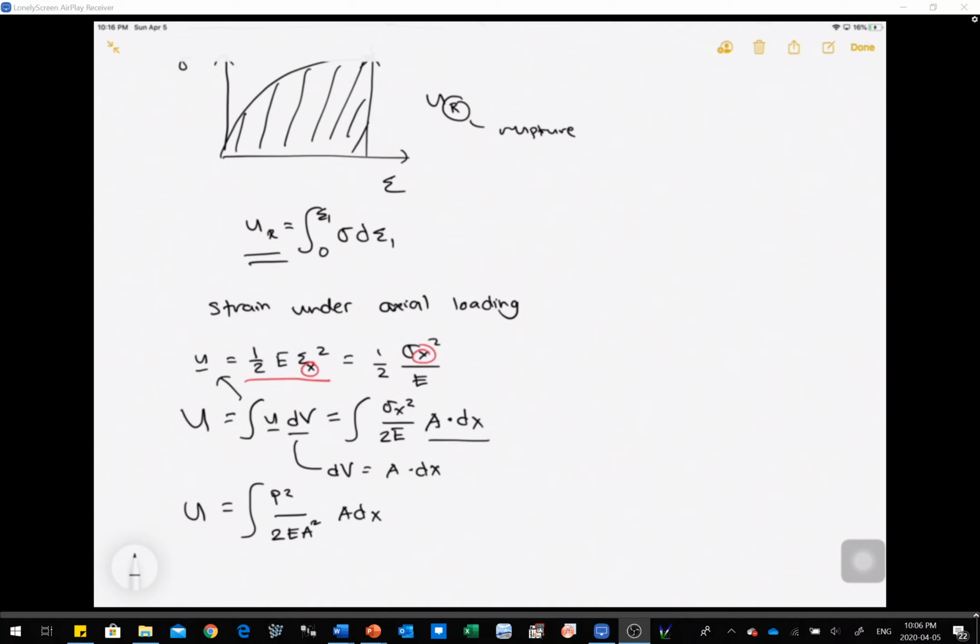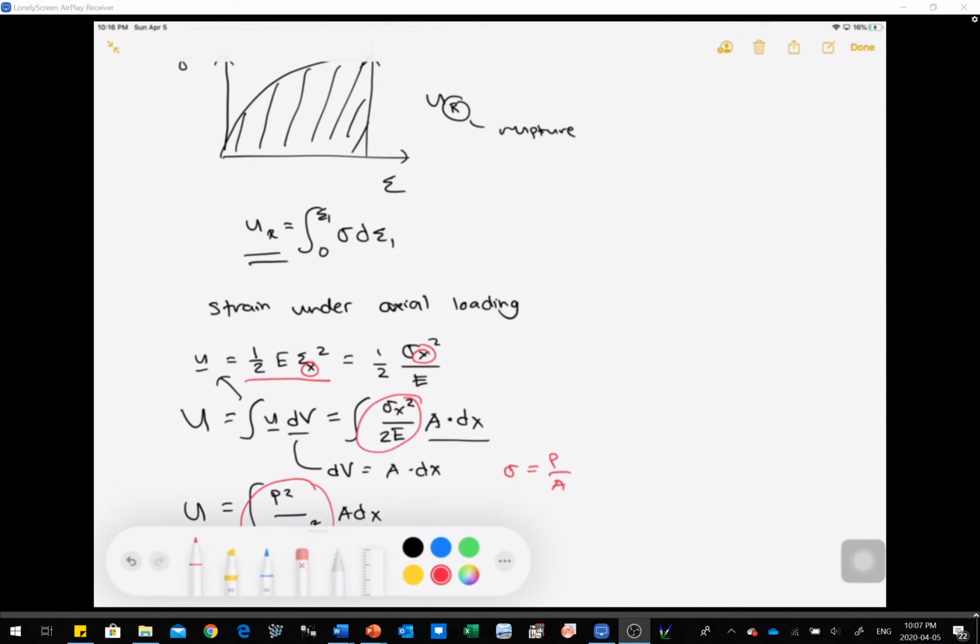And how did I change this form right here into this one? It's just a matter of assuming that our stress is equal to P over A. And that's it.